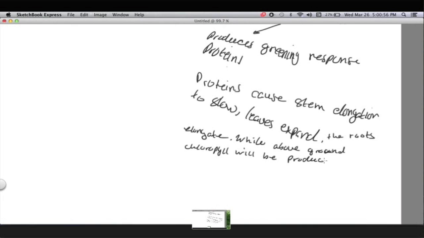So do you see why this is called the greening response? Because what color is chlorophyll? Green. That's right. While the potato is underground, I think it would be kind of a pale white. But once it reaches above ground, it's going to start to produce these green leaves. That's why this is called the greening.